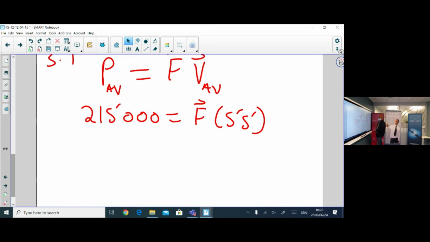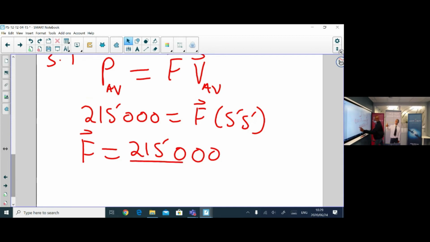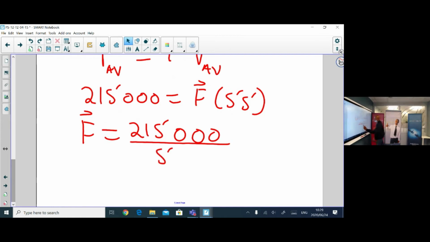Therefore F is equal to 215,000 divided by 55.